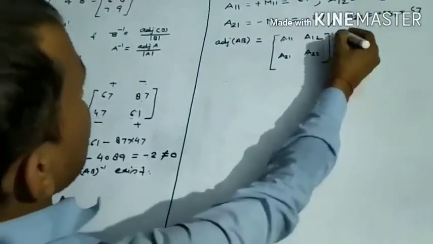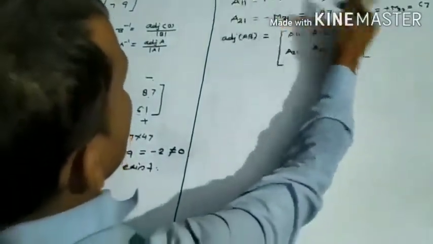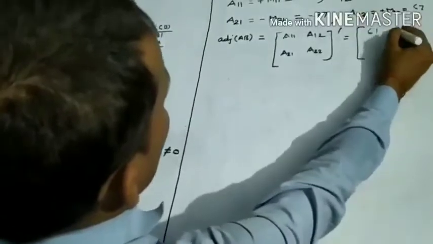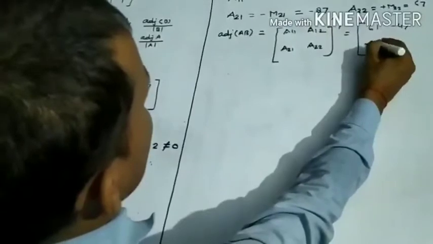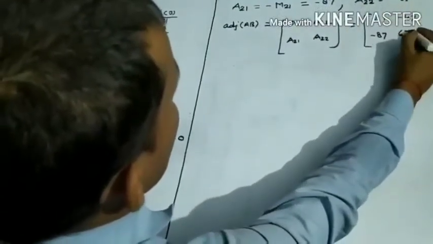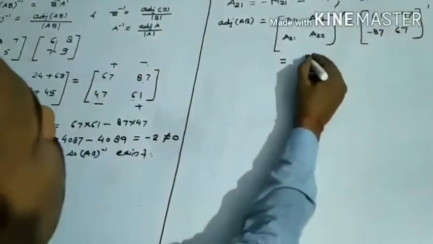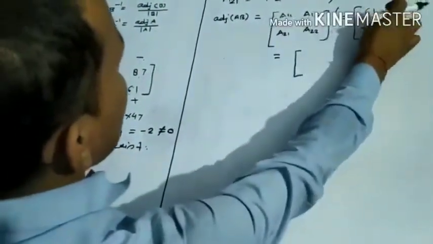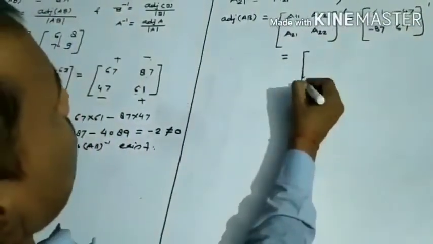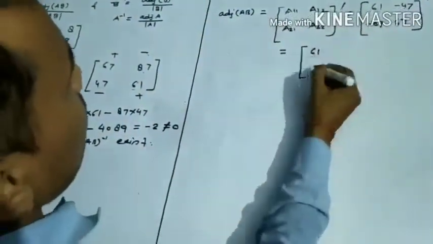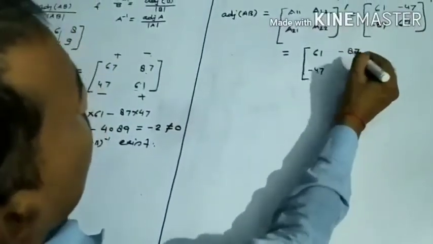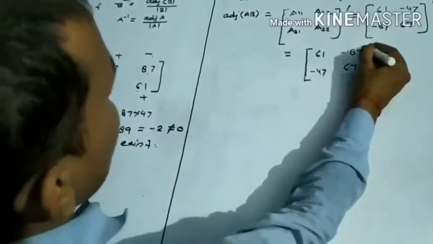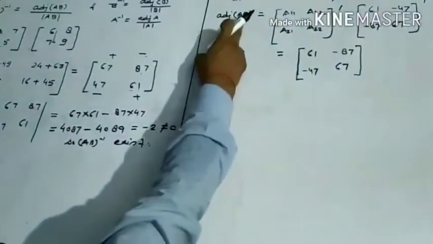So this is equal to A11, which is 61, A12 we calculated, which is minus 47, then A21 is minus 87, and A22 is 67. Then taking the transpose, the first row becomes the first column, so here you have 61 and minus 87, and then the second row becomes the second column, which is minus 47 and 67. This is the adjoint of AB.